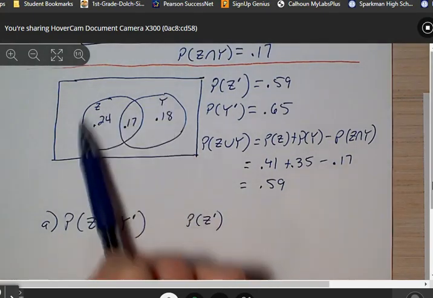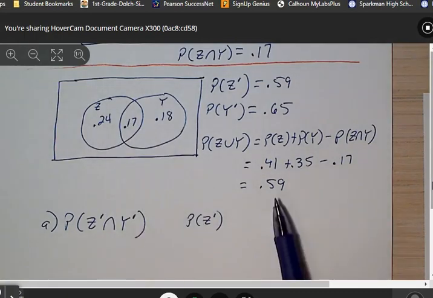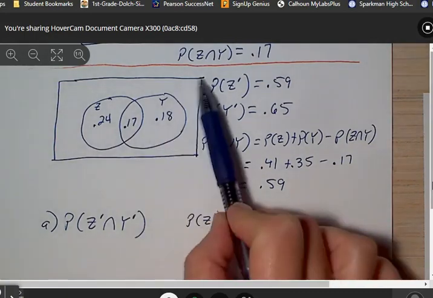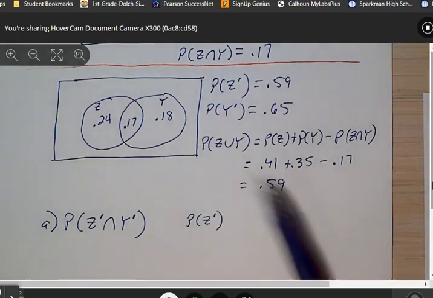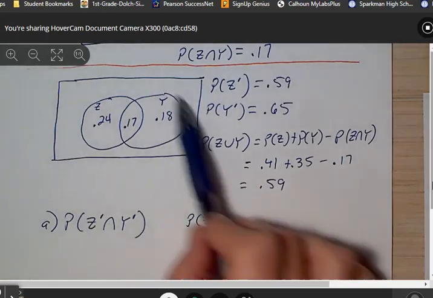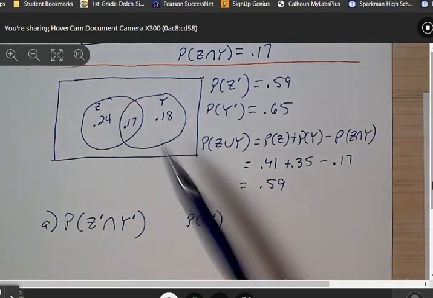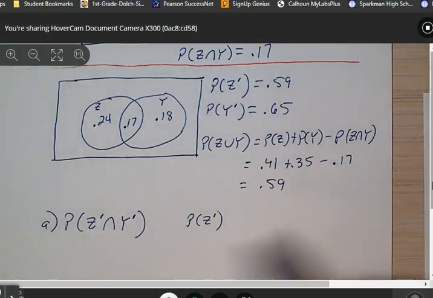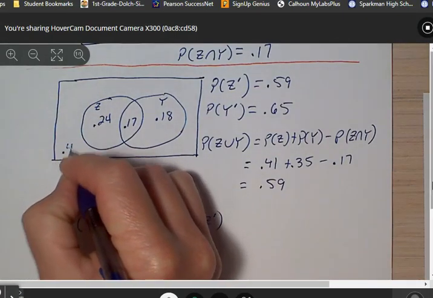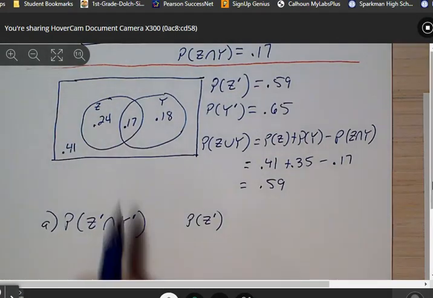Everything inside these 2 bubbles of Z and Y is 0.59, and the whole thing has to add up to 1. So to get the number on the outside of your 2 circles, we do 1 minus 0.59, which means everything outside of those 2 events of Z and Y, everything left over, would have to be 0.41.